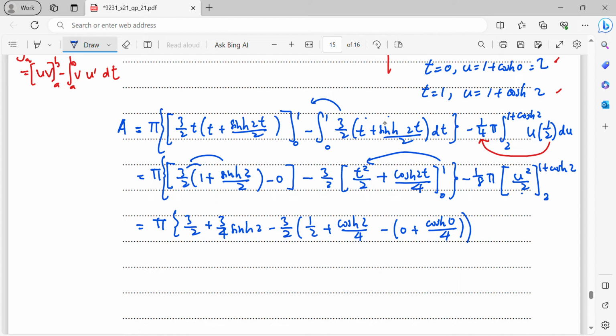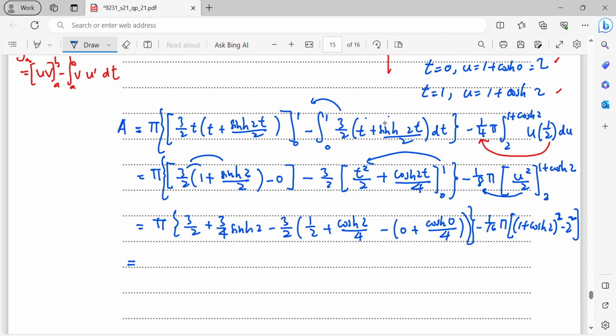Then the 2 here moved out. Negative 1 over 16 pi. Replace the u by 1 plus cos 2. So I will get 1 plus cos 2 squared minus 2 squared. Okay, so here I need to close the bracket.